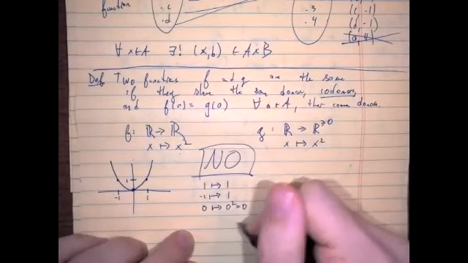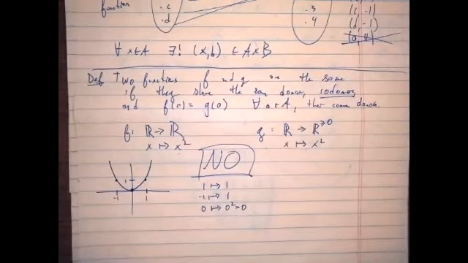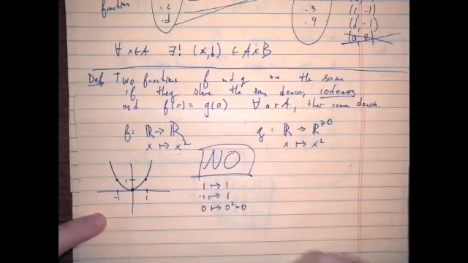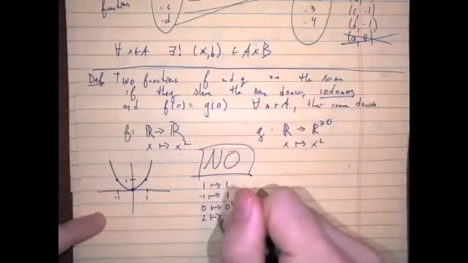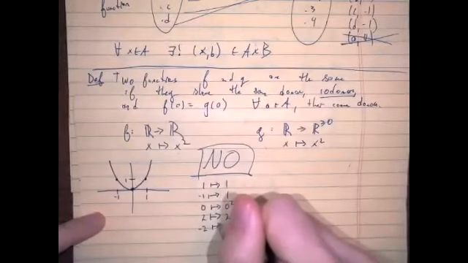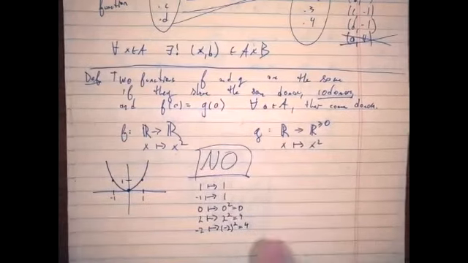What about 4? Can I hit 4 with this function? Yes. What's something that hits 4? 2 and -2. 2 maps to 2 squared, which is equal to 4, and -2 maps to -2 squared, which is also equal to 4.